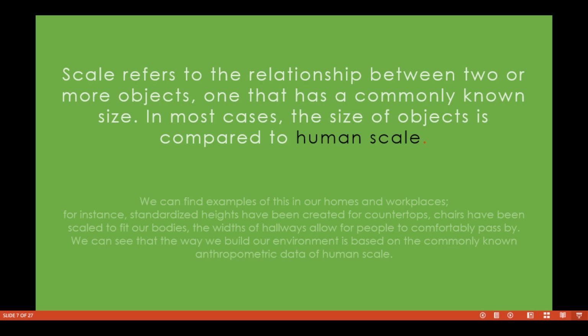For instance, standardized heights have been created for countertops and chairs, scaled to fit our bodies. The width of hallways allows for people to comfortably pass by. We build our environment according to what is commonly known as anthropometric data of human scale.